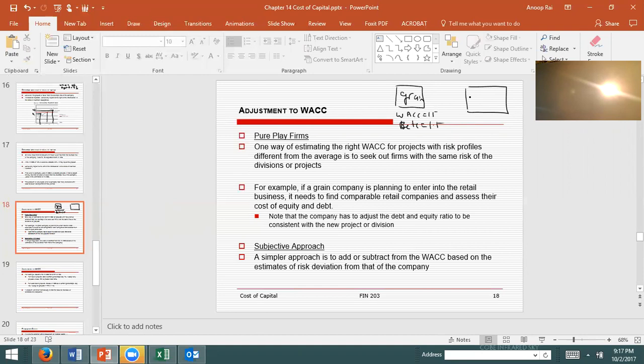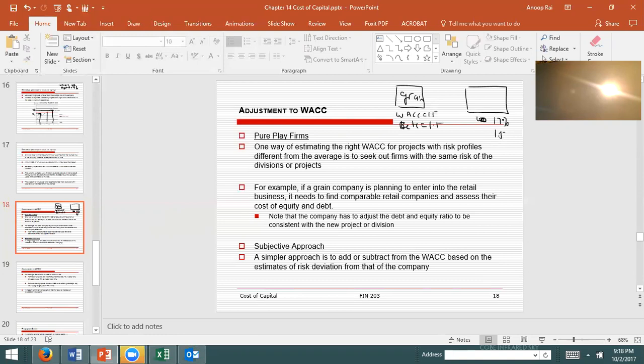Then what we have to do is look at another retail industry. And there, if we find out that, listen, the expected return on these is about 17%, it's a higher risk, 1.5.